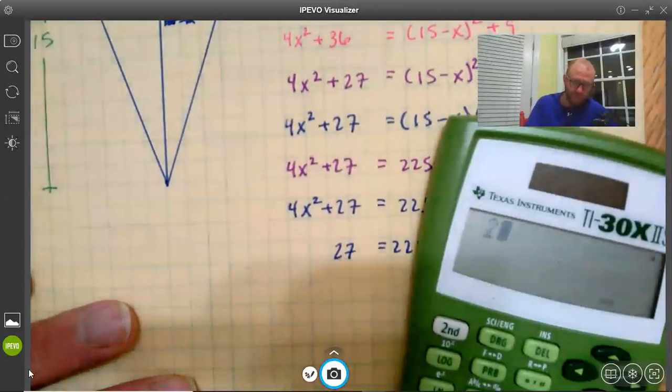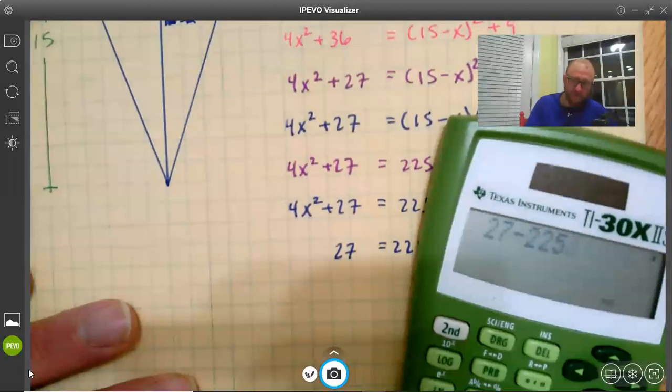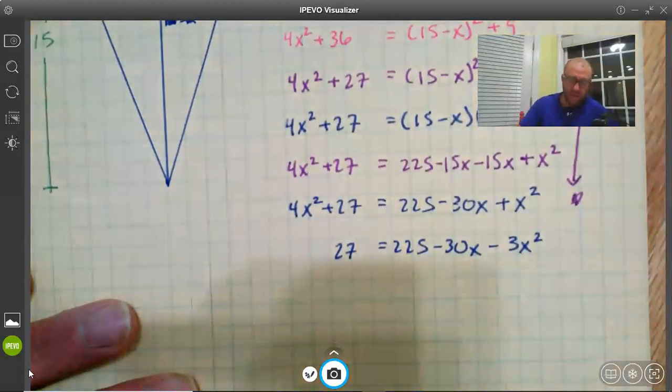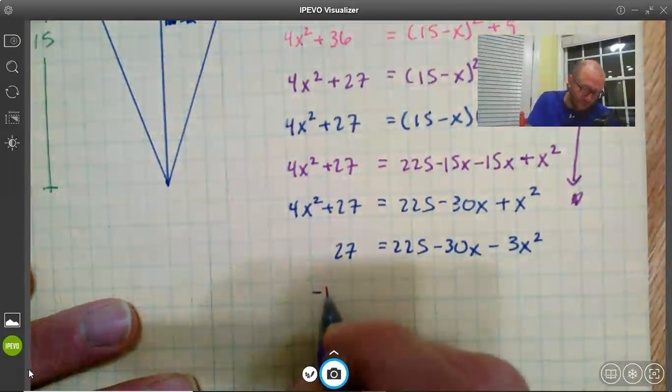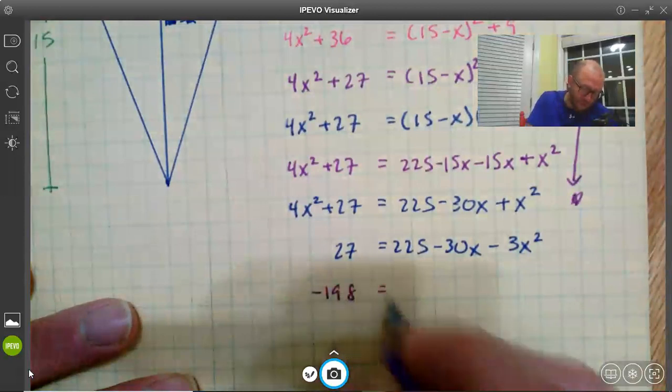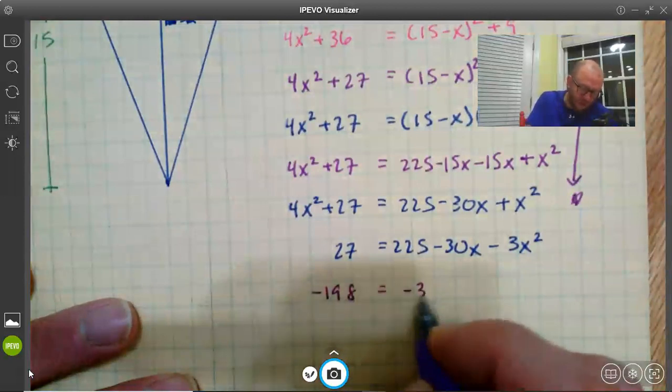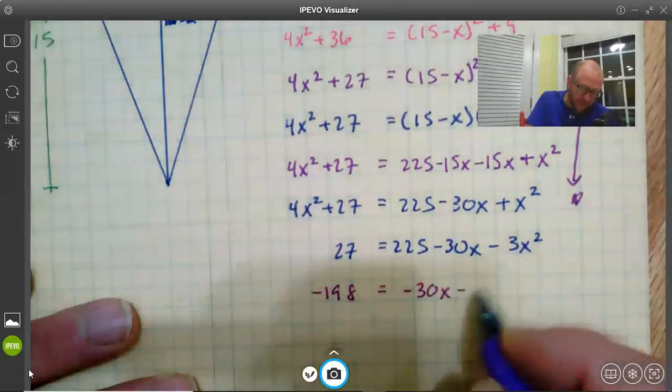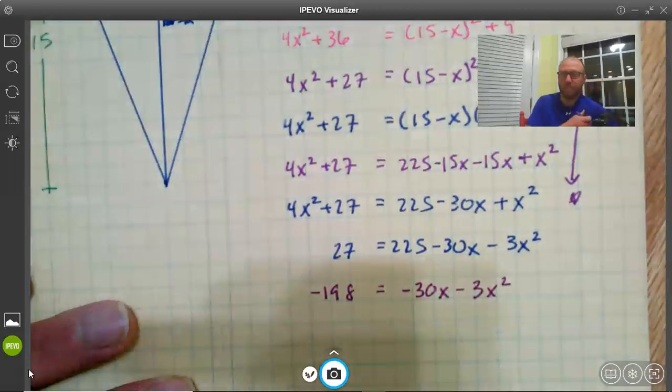So 27 minus 225 is negative 198. So I have negative 198 equals negative 30x minus 3x squared.